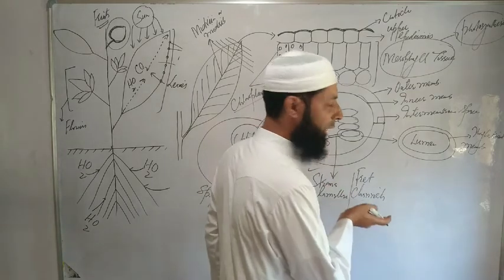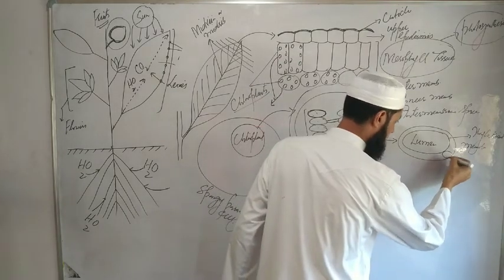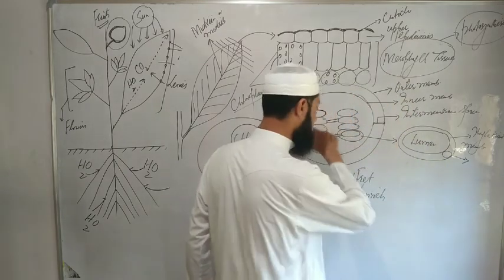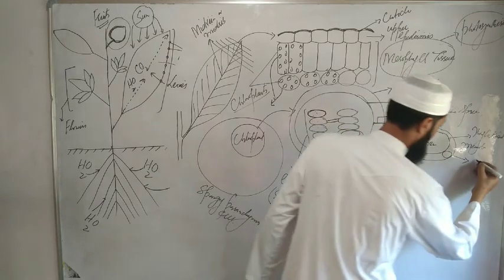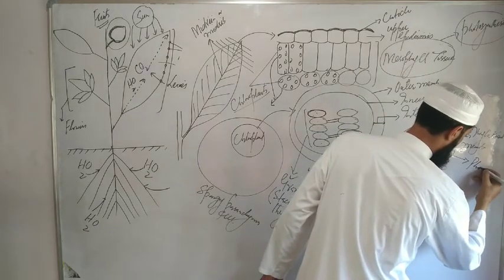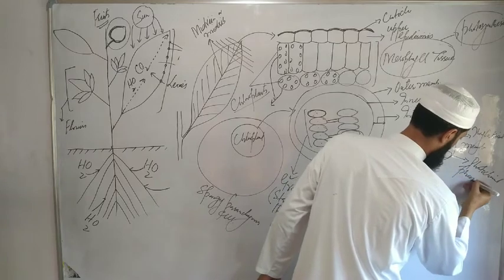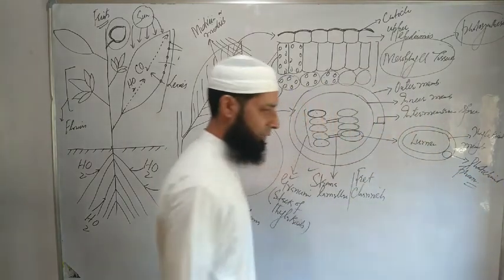Where does the photochemical reaction occur? Here, that is on the surface of the thylakoids of grana of the chloroplast. The photochemical reaction or photochemical phase takes place here.